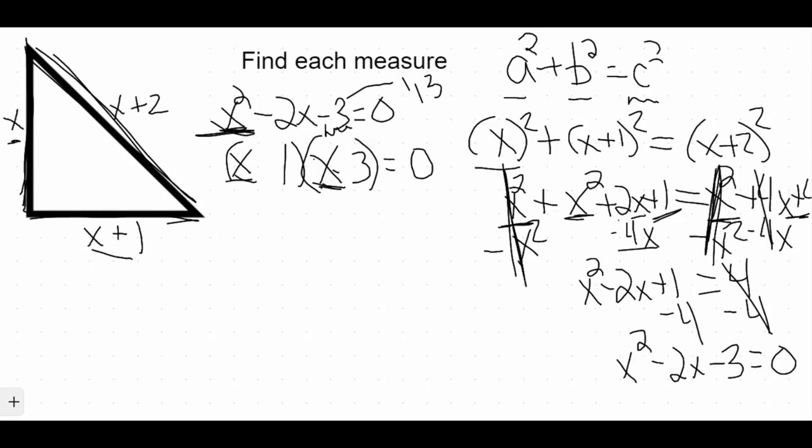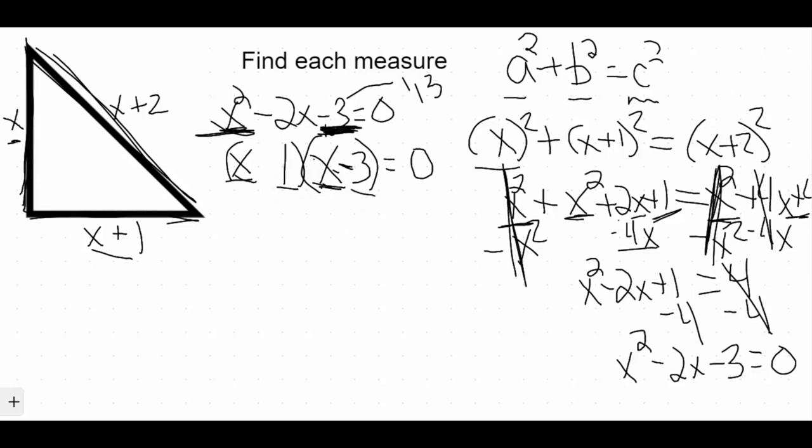Then we need to focus on our signs. And there's this rule that says whatever sign the middle term has, the bigger number has to have it. So because our middle term is negative, I need to put the negative with the 3. Now, to figure out what sign my other factor has, we look at the last term here, keeping in mind that last times last gives me this last term there.